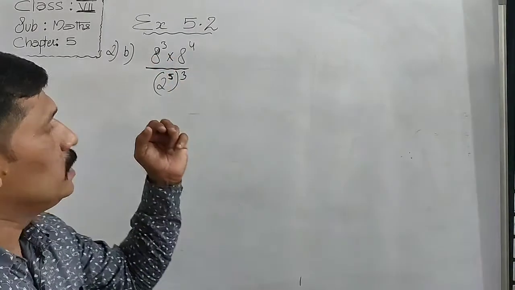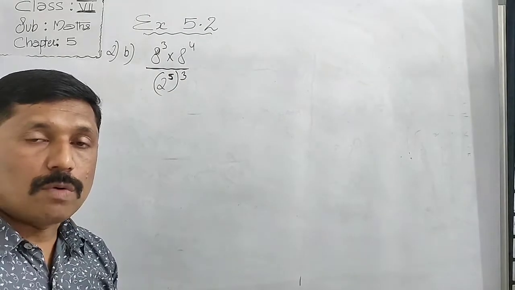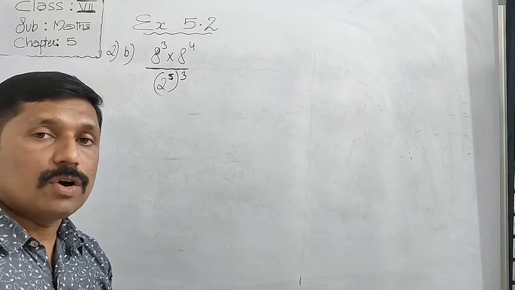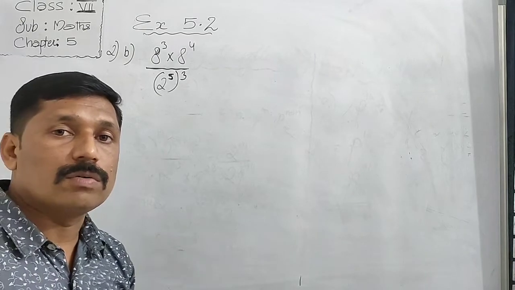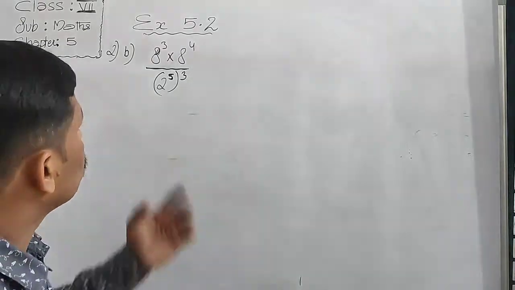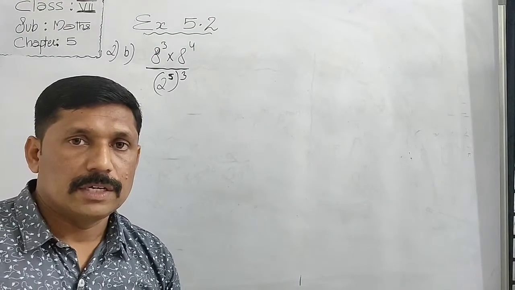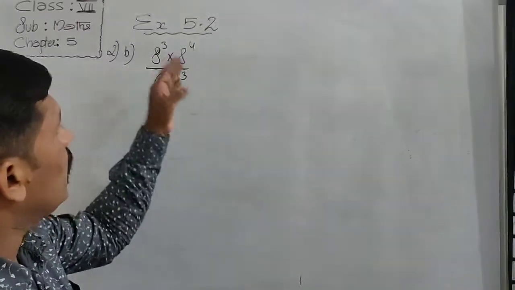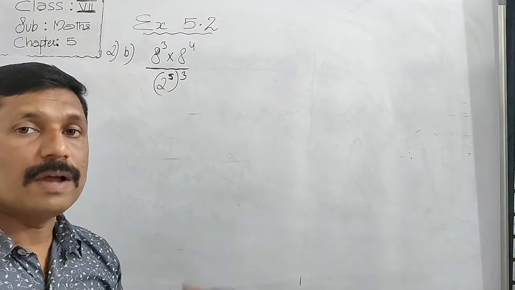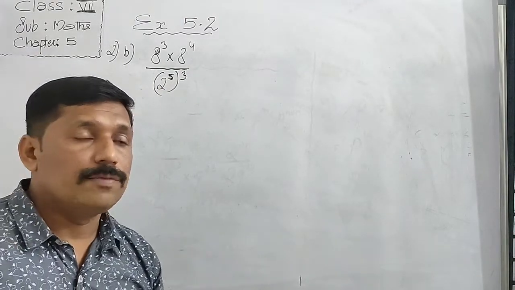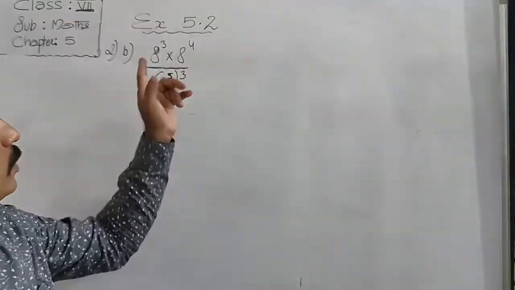If any of the bases can be reduced to its lowest term, we reduce it and then solve it. That is one appropriate way of solving the question using laws of exponents. Here you can see that this 8 we can reduce to 2, by factorization.